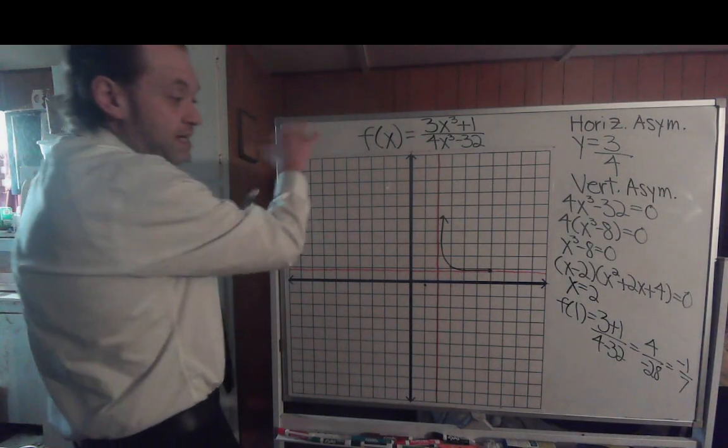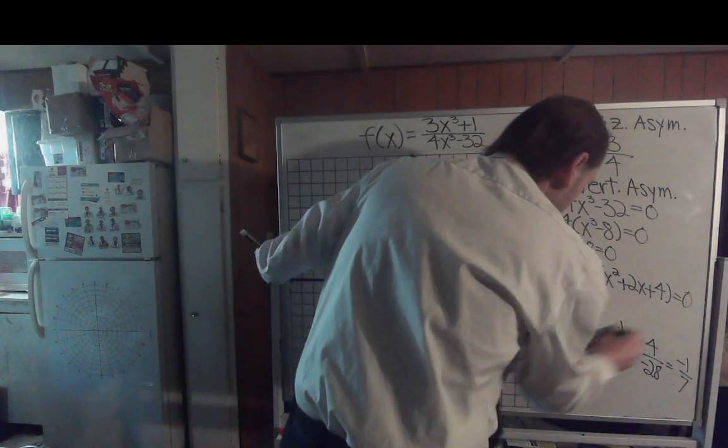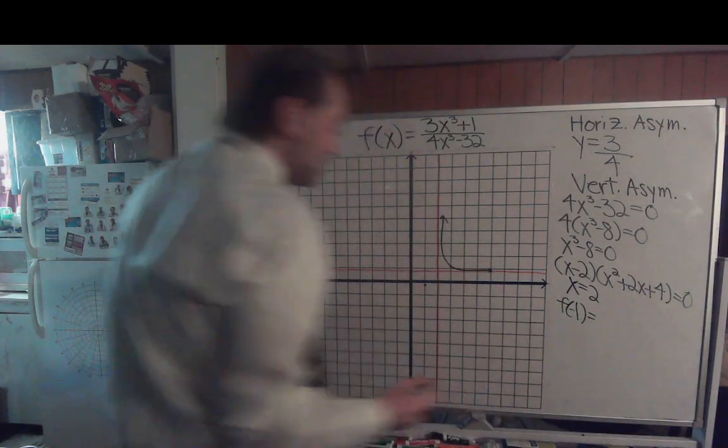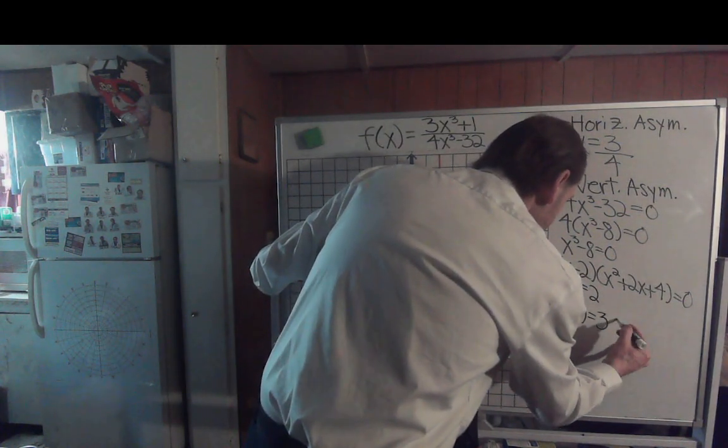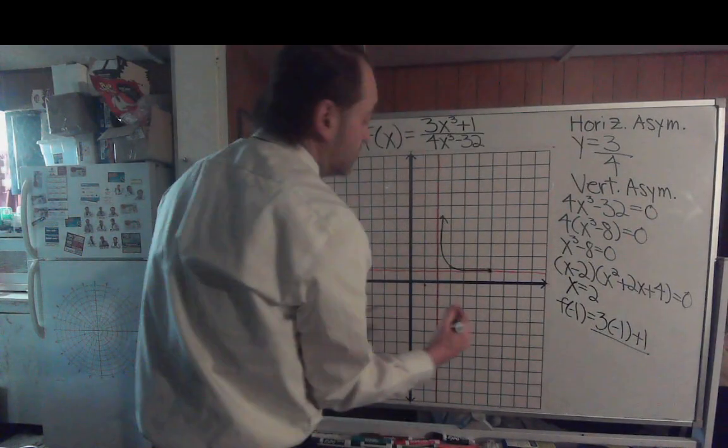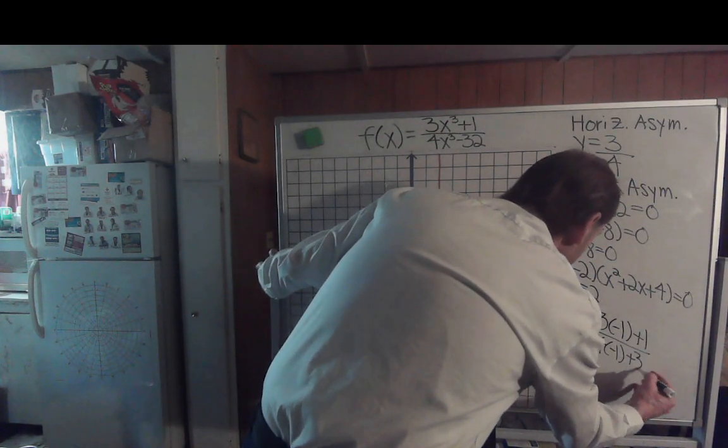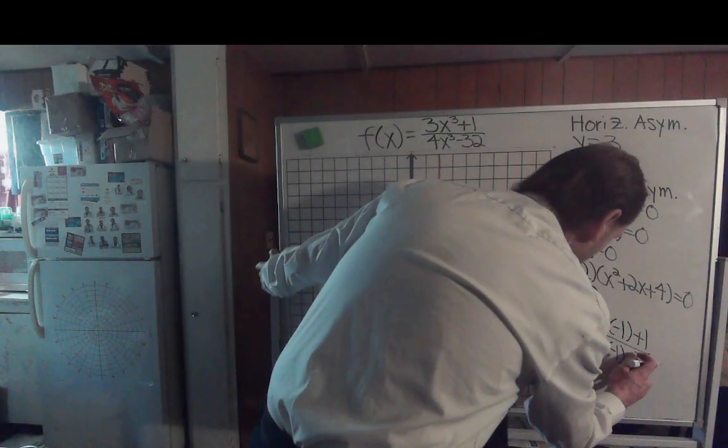Now what if we pick negative 1? What if we pick f of negative 1? So that would give you 3 times negative 1 plus 1 all over 4 times negative 1 minus 32. I'm sorry, minus 32.